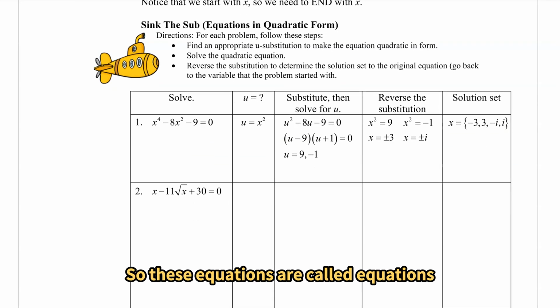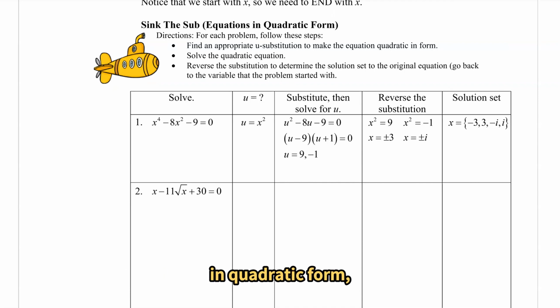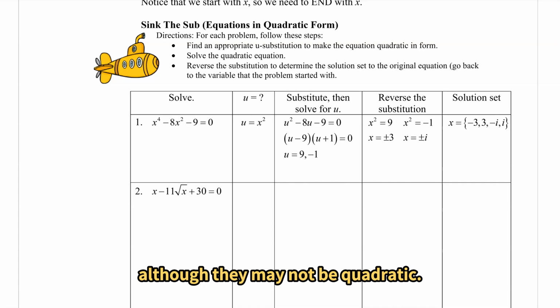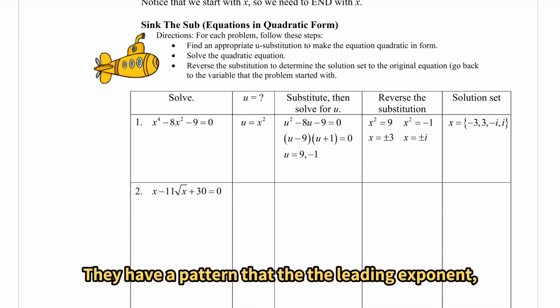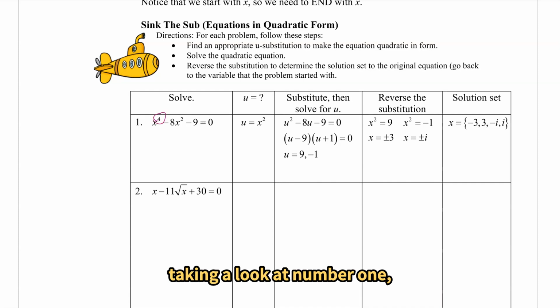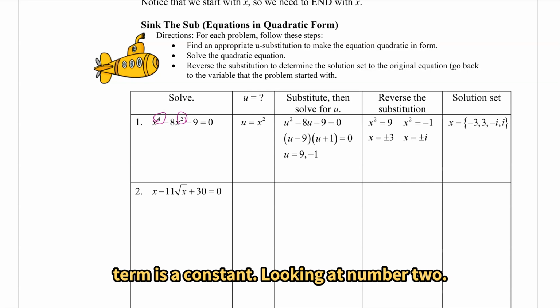So these equations are called equations in quadratic form, which means although they may not be quadratic, they have a pattern. Taking a look at number 1, the leading exponent is 4, and then the next exponent on the variable is half of that. So 4, 2, and then the last term is constant.